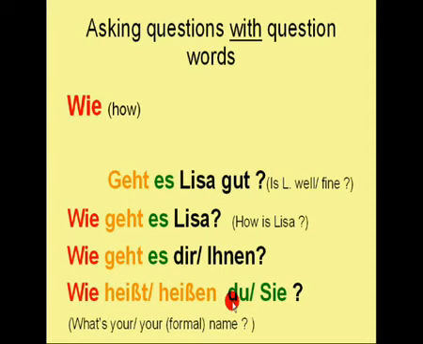So in this case, du and Sie is the subject of the sentence. Therefore, the verb is conjugated according to the subject. Here heißt, second person singular, du. And if I speak in a formal way, heißen, which is the third person plural, Sie. As you can remember, the Sie with a capital letter is the formal you.